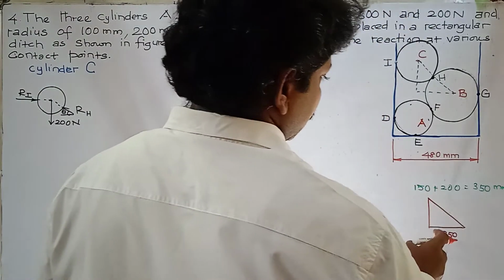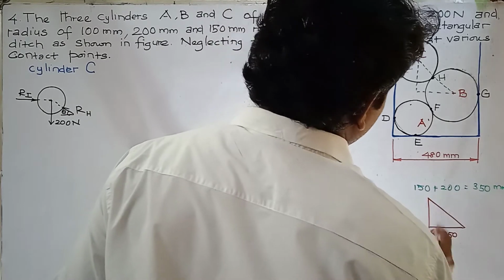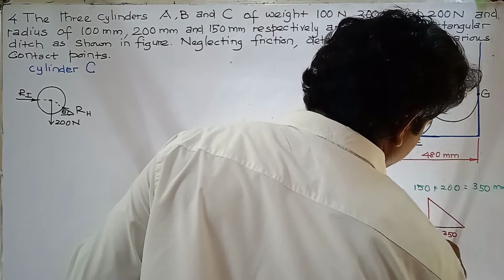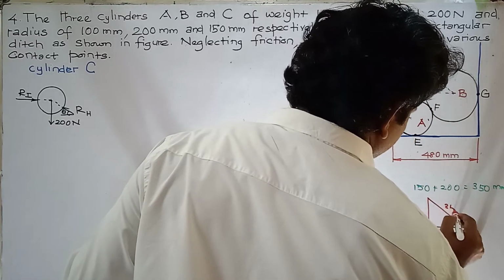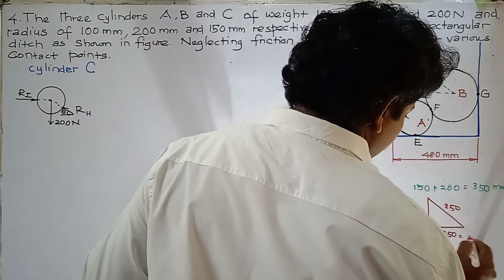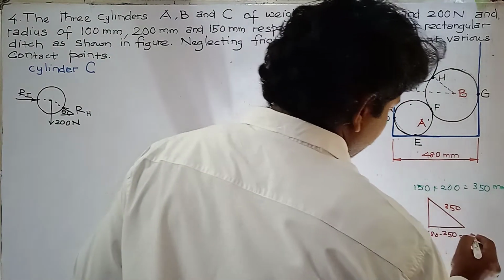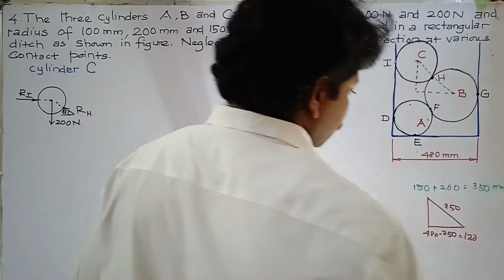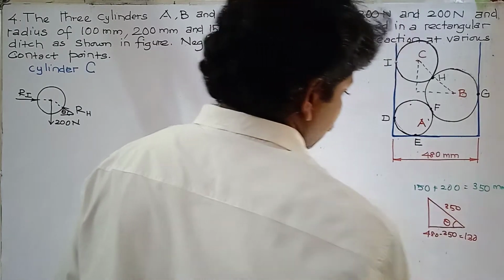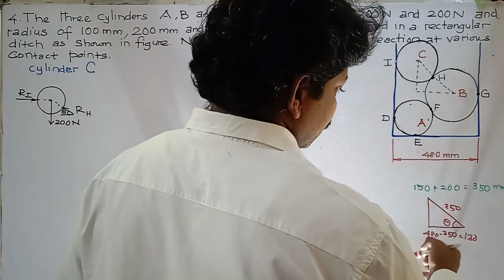So 480 minus 350 equals 130. So cos theta equals adjacent divided by hypotenuse.